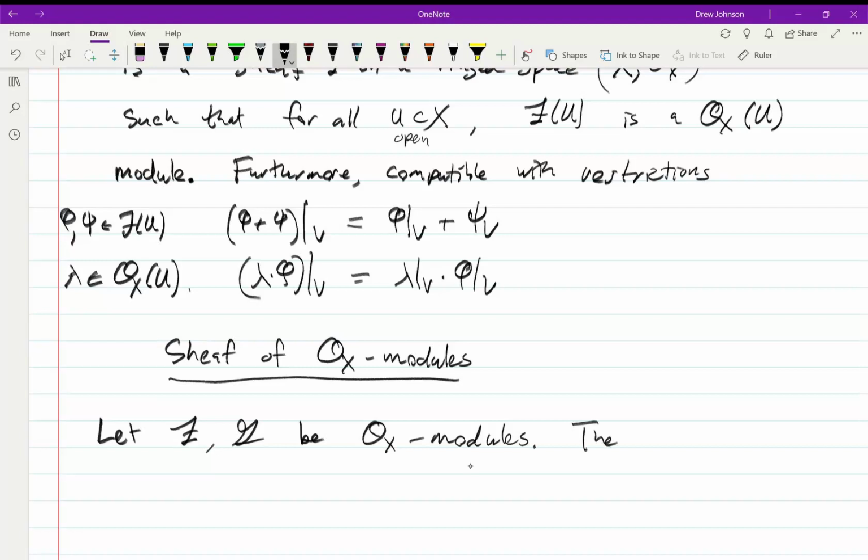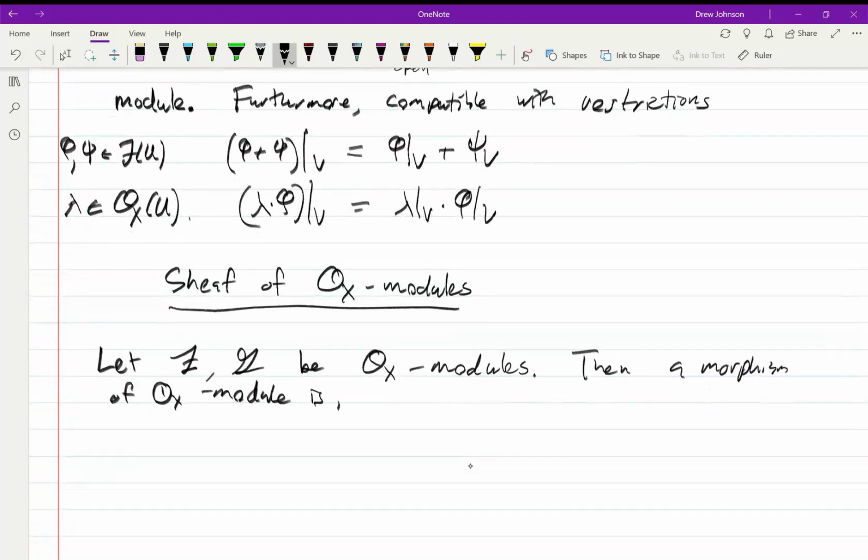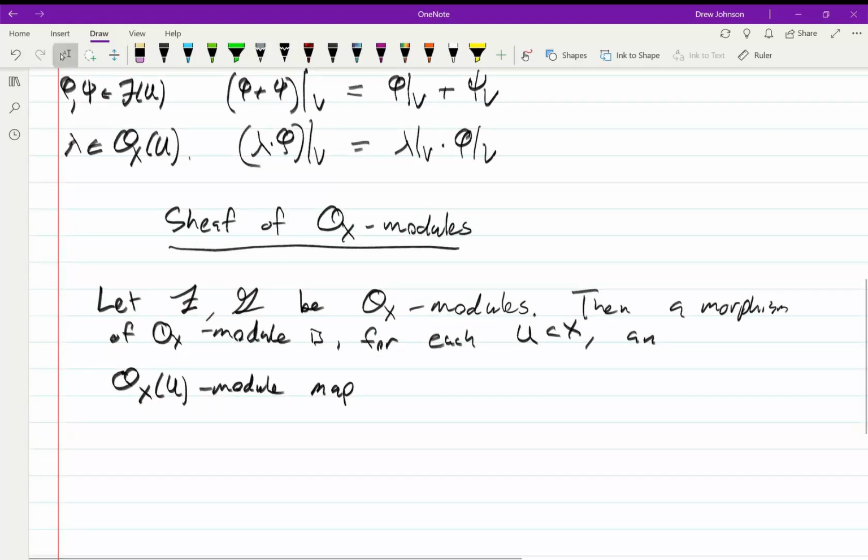Then a morphism of OX modules is, for each U open subset of X, an OX of U module map. So remember, OX of U is a ring, and F of U is an OX module.